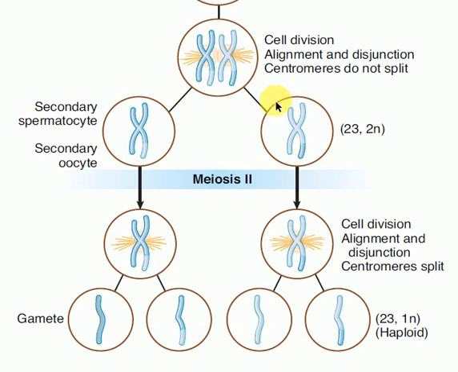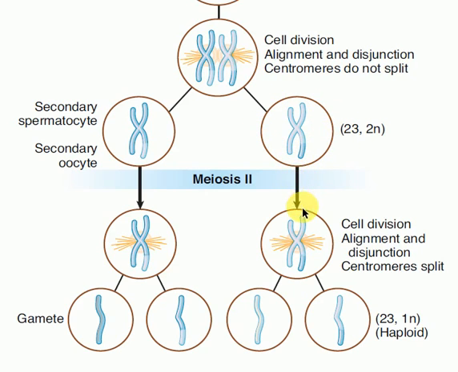So the second cell, in which you have 23 chromosomes with a diploid number, but there's very little cytoplasm around it, is known as the polar body, and the polar body is going to die. The important point is that this polar body is going to die. So there is one secondary oocyte, and the other, which contains very little cytoplasm, is going to die. This is known as the polar body.